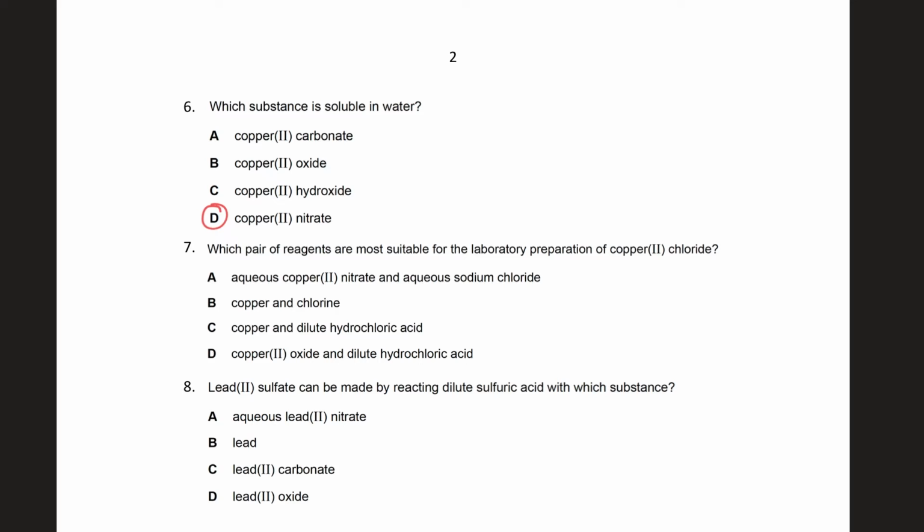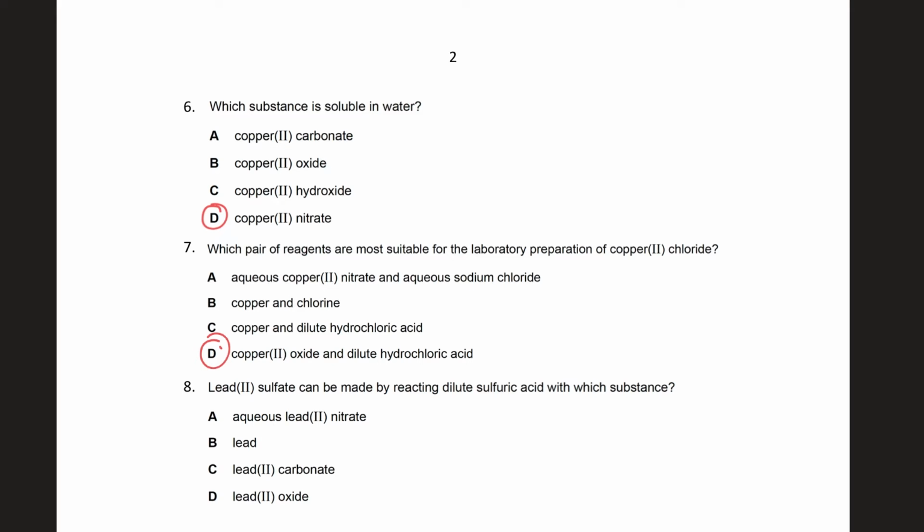With concentrated it does, but that's not the option here. Copper 2 oxide, which is an insoluble solid, might be a good option because it will react with dilute HCl and will produce soluble copper 2 chloride. We just have to make sure that copper 2 oxide is in excess, so all the HCl is used up. So this is going to be our answer.